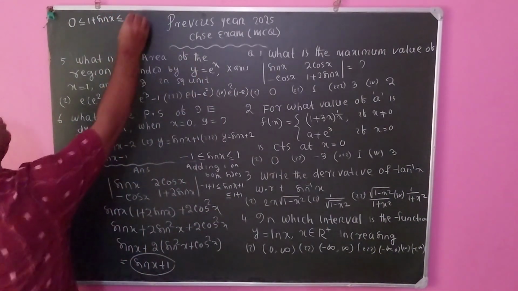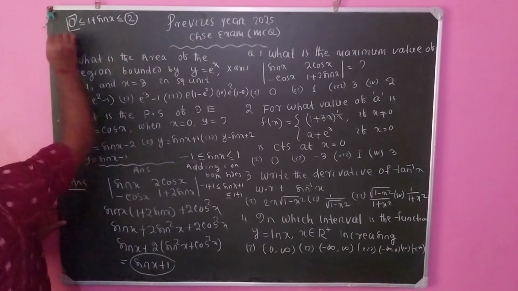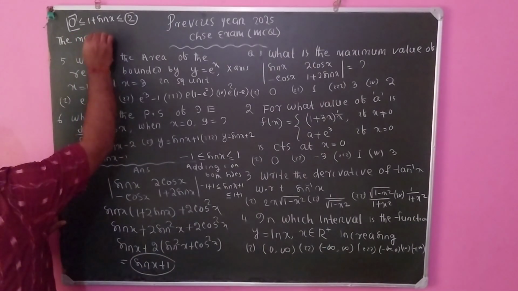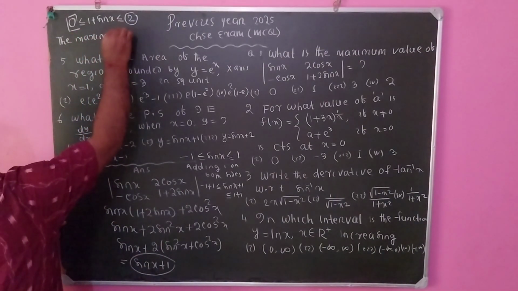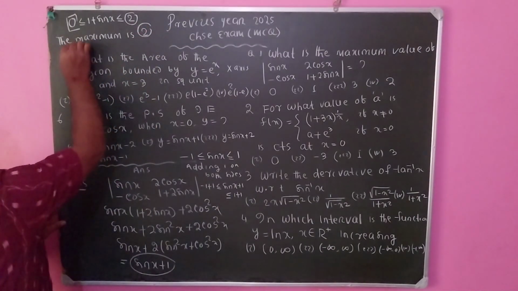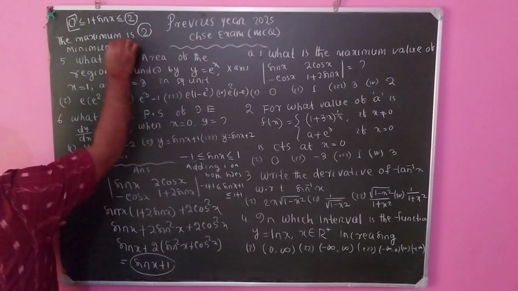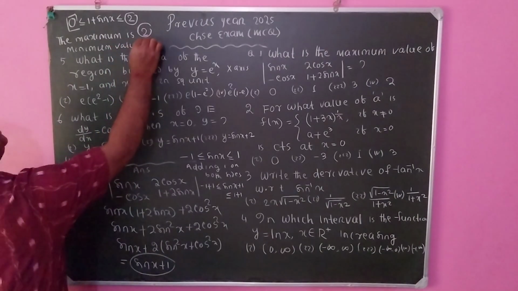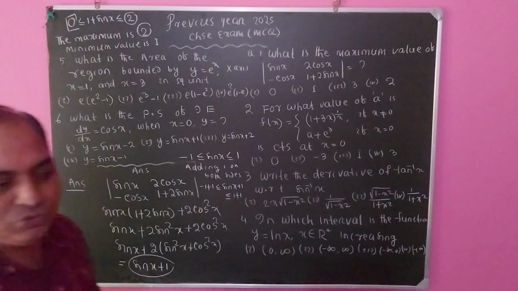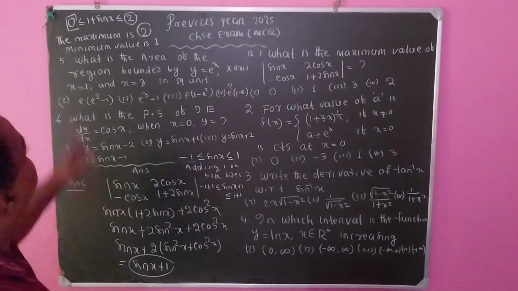So the maximum value is 2 and the minimum value is 0.